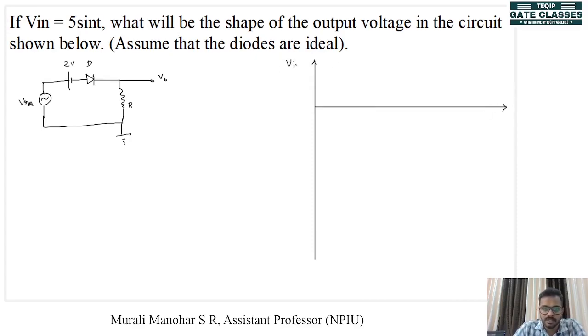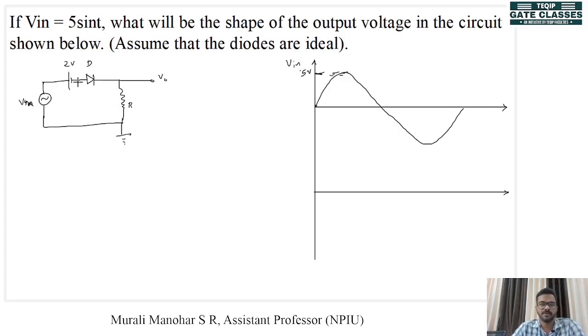This is V in. We know that it is 5 sin t, so the maximum value is 5 volt, right? Now we are assuming that initially the diode is off, that is, reverse biased.